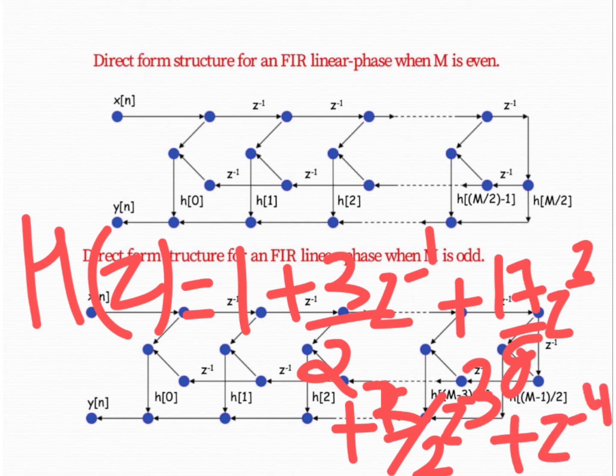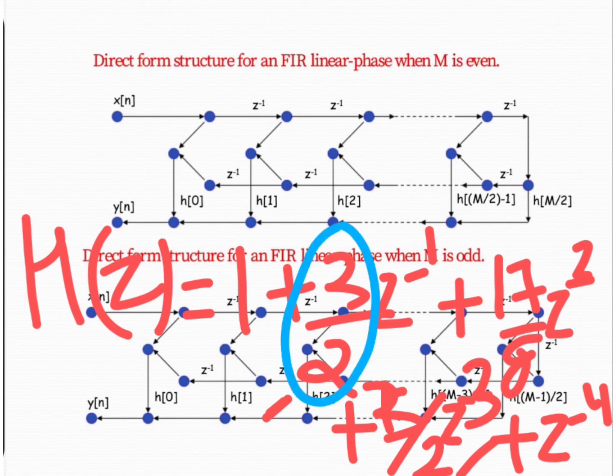As you can see, 3 by 2 and 3 by 2 are common for z to the power minus 1 and z to the power minus 3, and z to the power minus 4 and 1, these two have no coefficient value, so we can take this as common.